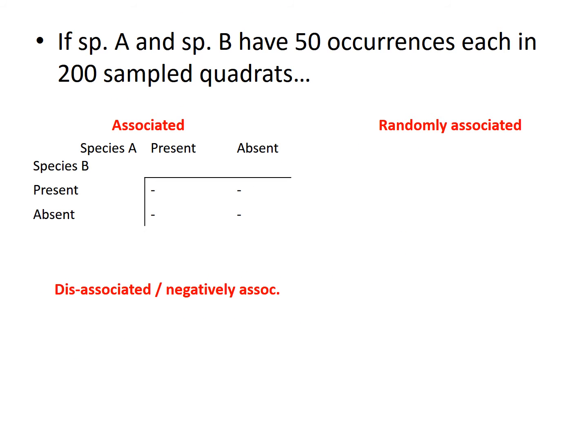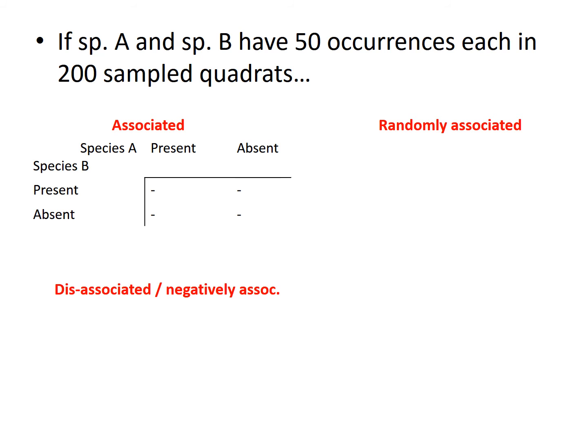So let's, to help you guys make sure you understand this, have a look at an example here. So we've got two species, species A and species B, and they both have 50 occurrences, so they've each been recorded in 50 grid cells, 50 out of the 200 sampled quadrats. So let's look at top left first.